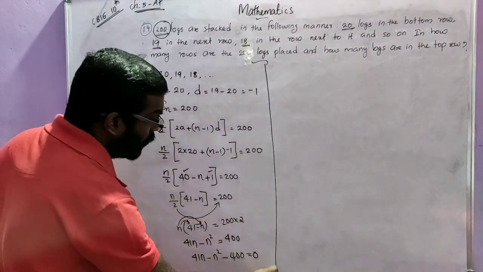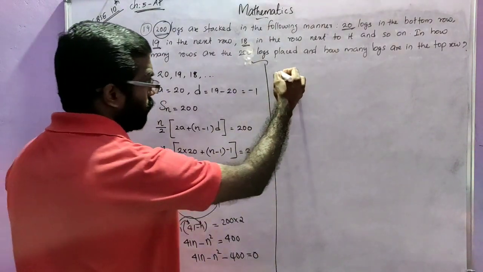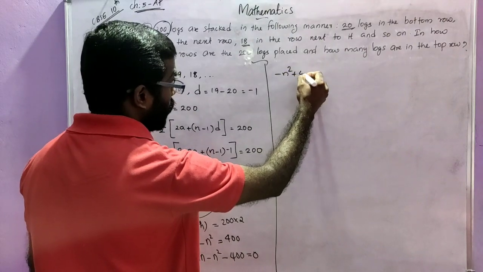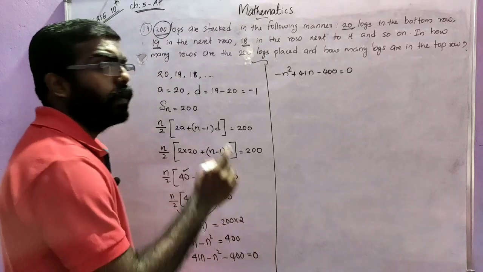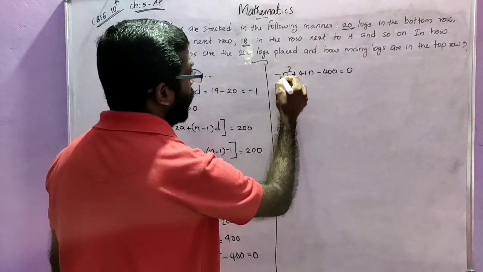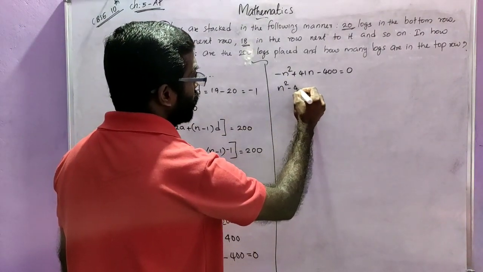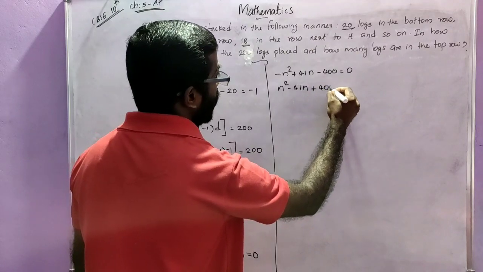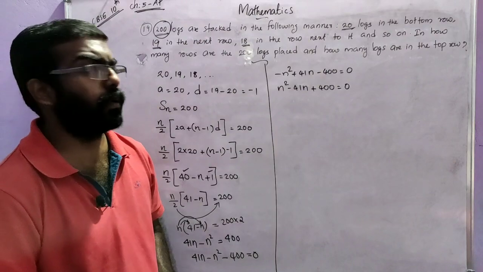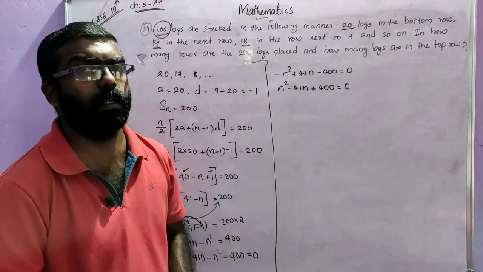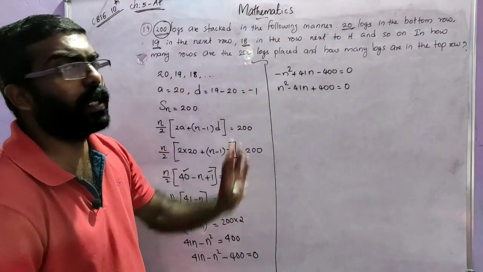Now we can rearrange the equation. Minus n square plus 41n minus 400 is equal to 0. We can multiply with minus 1. So n square minus 41n plus 400 is equal to 0. So this is the given quadratic equation. By solving this quadratic equation, we will get the value of n.